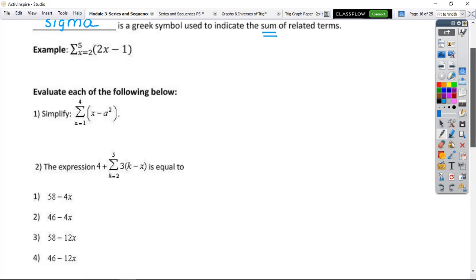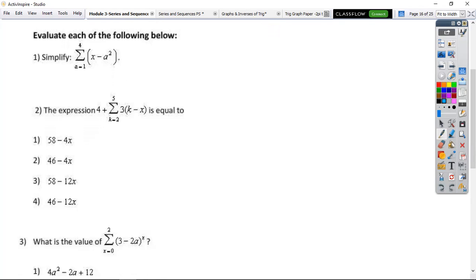So how you're going to work this is you're going to start at the very bottom, and I'm going to start at a equals 1. And I'm going to stop at 4. And then you're going to plug those in where it says A. Okay.